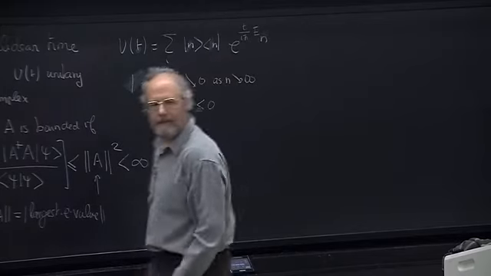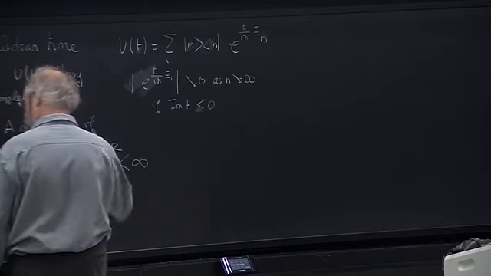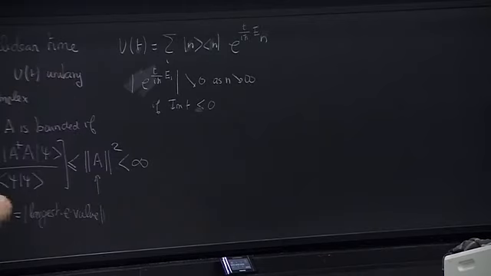Okay. And bounded operators are something very important. Of course, lots of physical operators like position operators, momentum operators, the Hamiltonian, are not bounded. But for instance, if you are interested in a quantum information system where you have finite dimensional systems, all operators are matrices, so they are bounded.